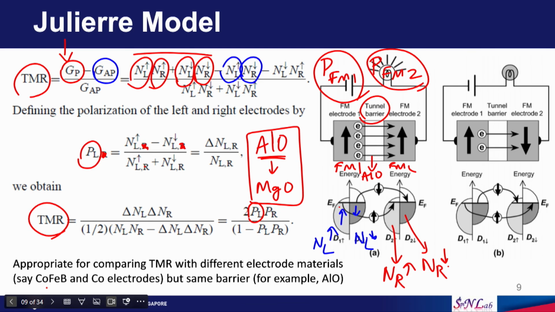For example, if you are studying aluminum oxide, or some hafnium oxide or some oxide as your variable. Let us say you have two identical ferromagnetic layers.